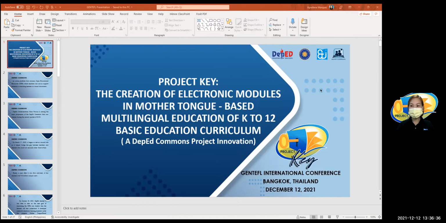This project that I'm going to present to you is an unfinished innovation. It was just implemented this year and started this November. It is Project Key, the creation of electronic modules in Mother Tongue-Based Multilingual Education of the K-12 basic education curriculum, a DepEd Commons project innovation.